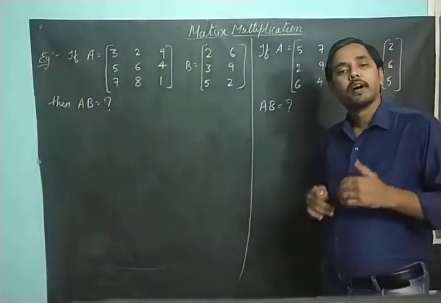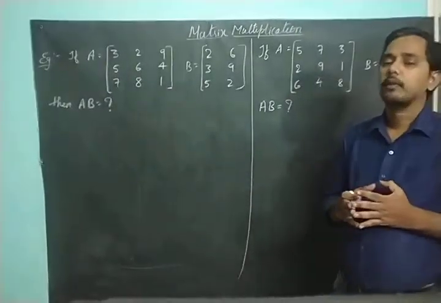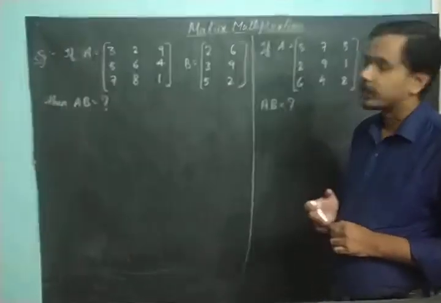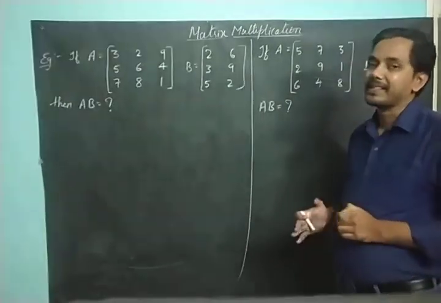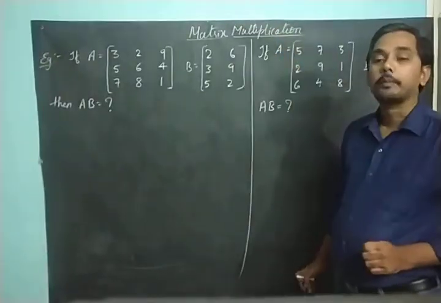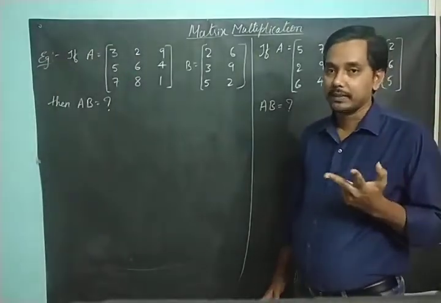From the past few sessions we have been discussing matrices. We have discussed many concepts about matrices, and in the last class we started a new topic, matrix multiplication. This is one of the operations on matrices, that is multiplying two matrices, right?